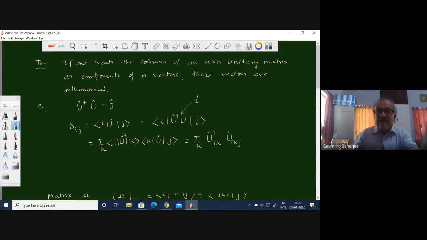So the character of the unitary matrix is that this column and this column can be individually considered as vectors, and these two vectors will be mutually orthonormal. That's another property.